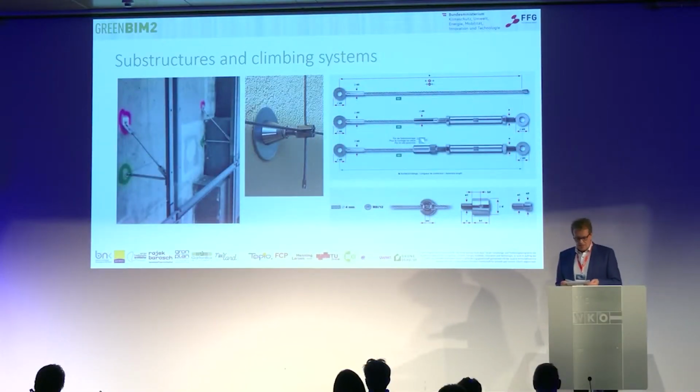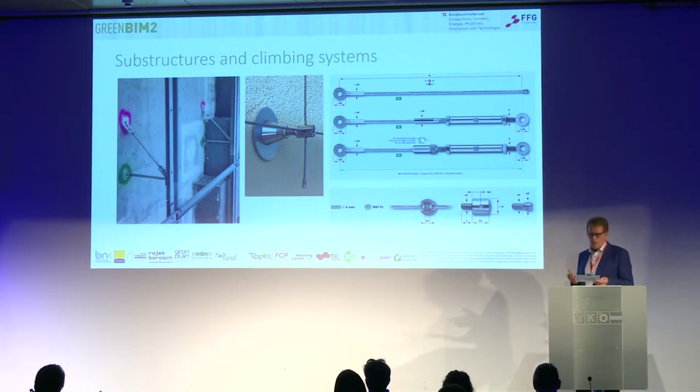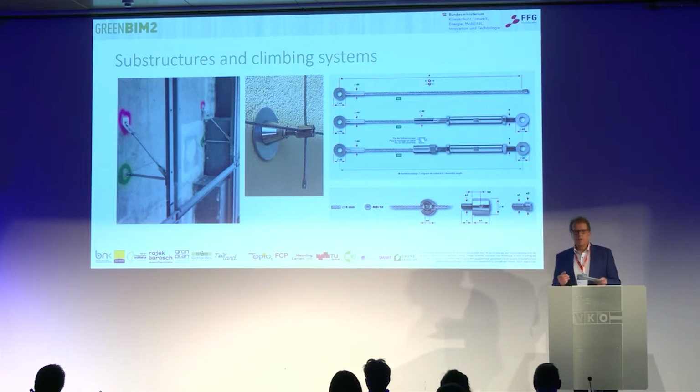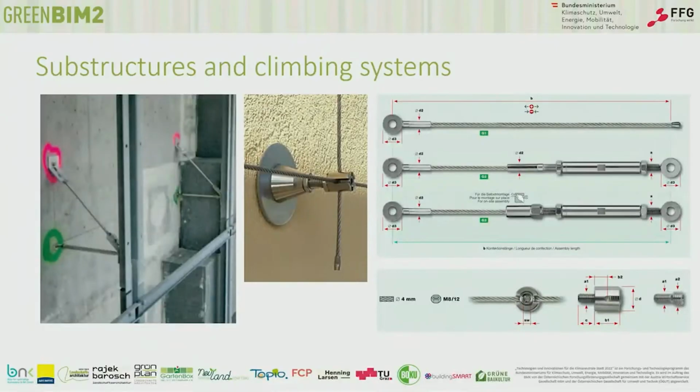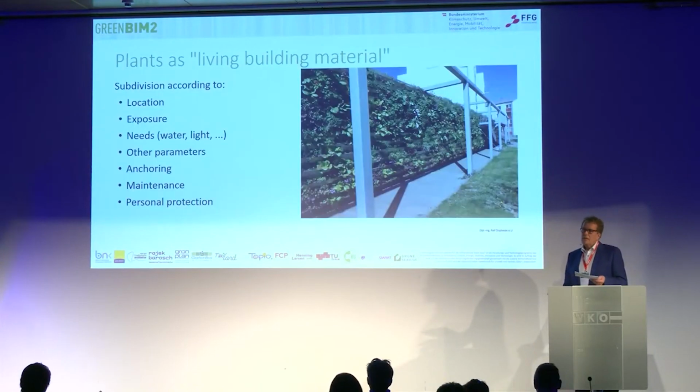We have also considered substructures for wall-bounded greeneries, for example, or climbing systems and climbing aids for climbing plants. Let's move on to the next topic: plants as a living building material.